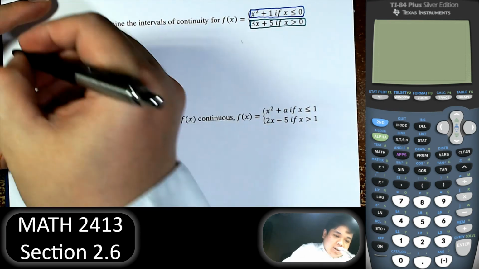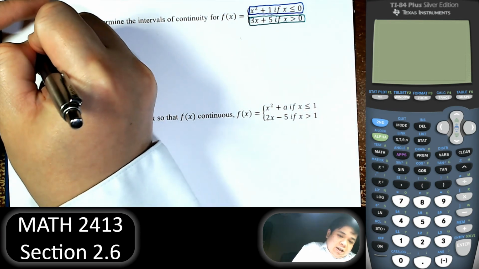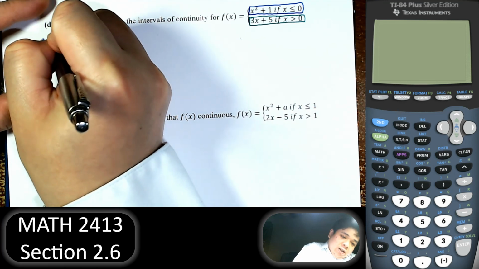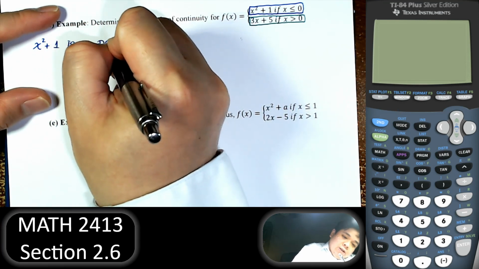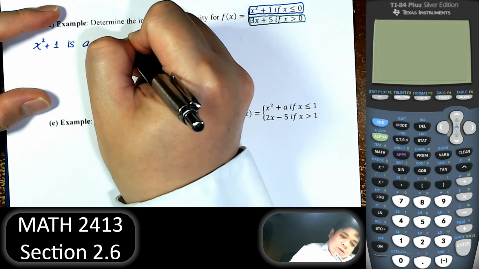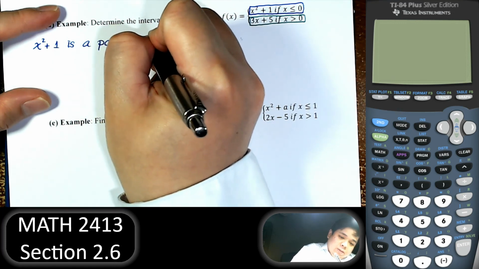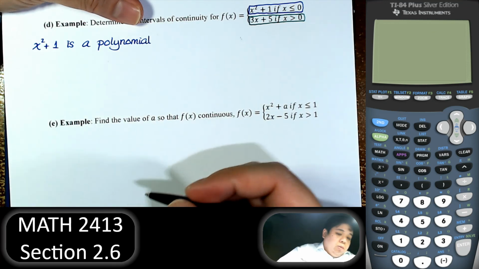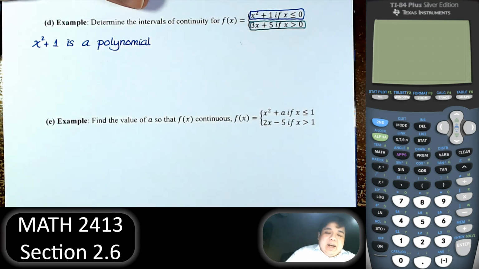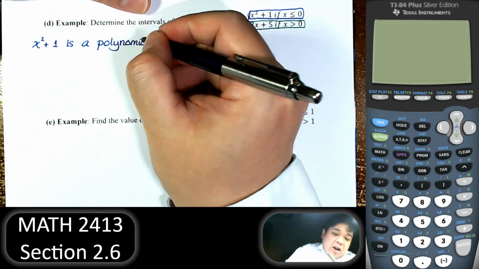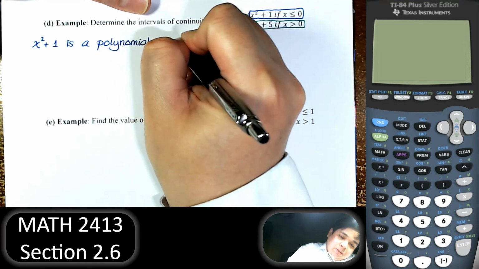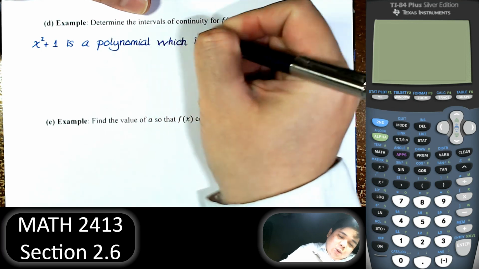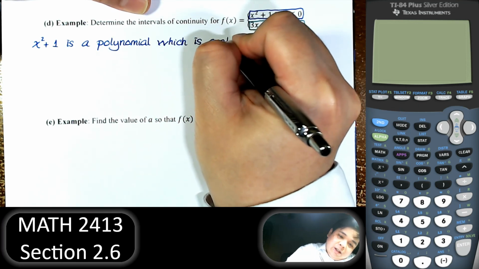So let me write this. x squared plus 1 is a polynomial. A polynomial is continuous everywhere because it is defined everywhere.